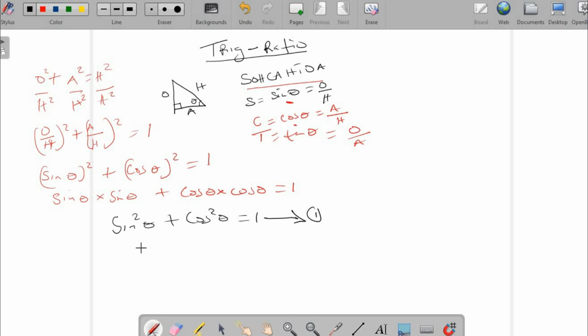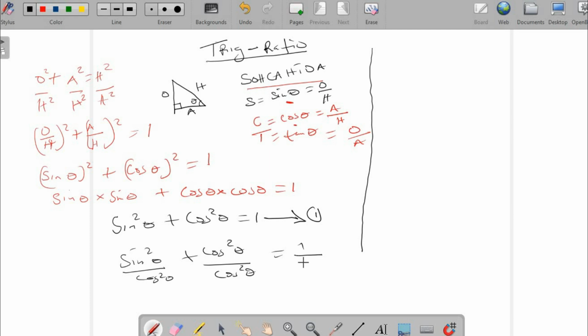Now let me divide equation 1 by cos squared theta and see what I have. Sine squared theta divided by cos squared theta, plus cos squared theta divided by cos squared theta, is equal to 1 divided by cos squared theta.